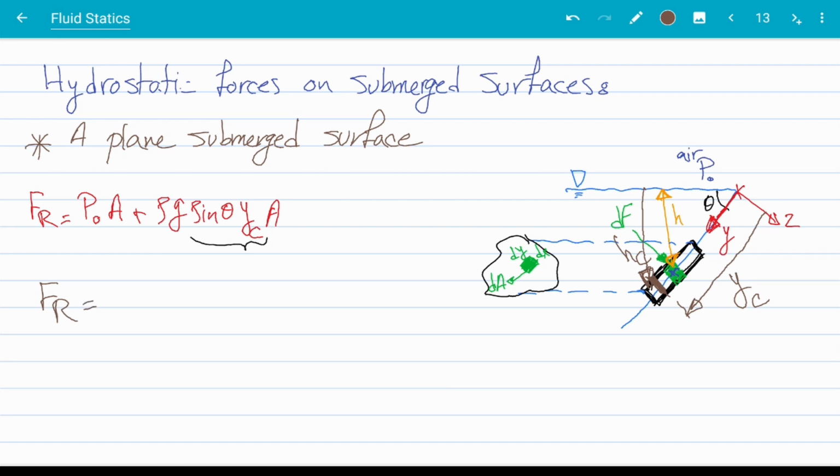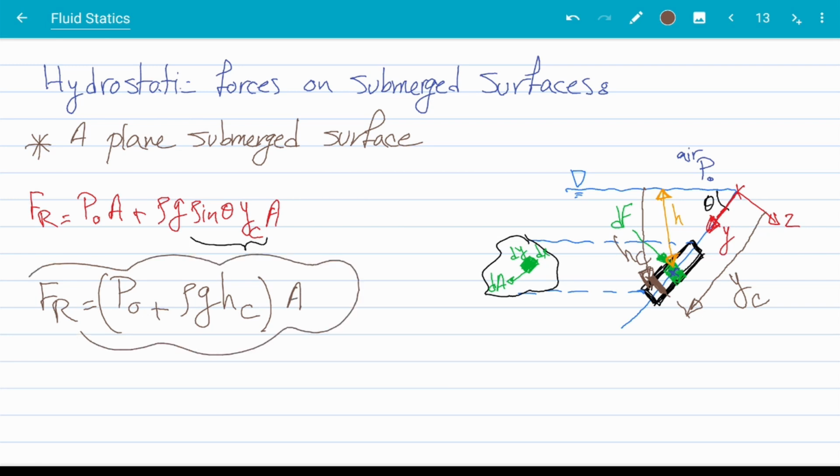Fr, the total force that a submerged flat plate is experiencing because of the fluid above it, is P0 plus rho g HC, the depth of the plate's centroid, times its area. This is our final equation. We can go ahead and simplify this equation one more step. It's not crucial, it's not mandatory, but we can do it.